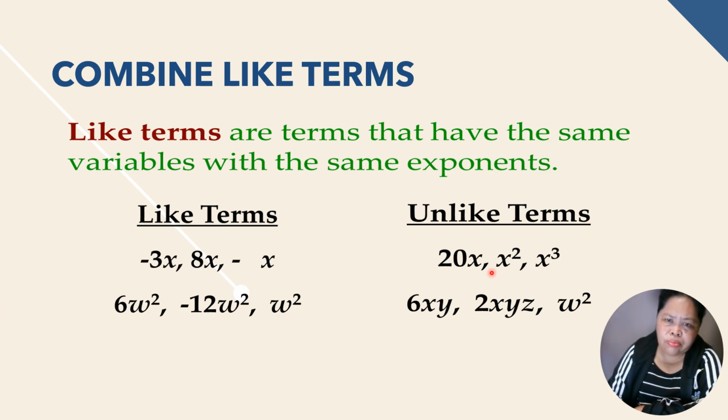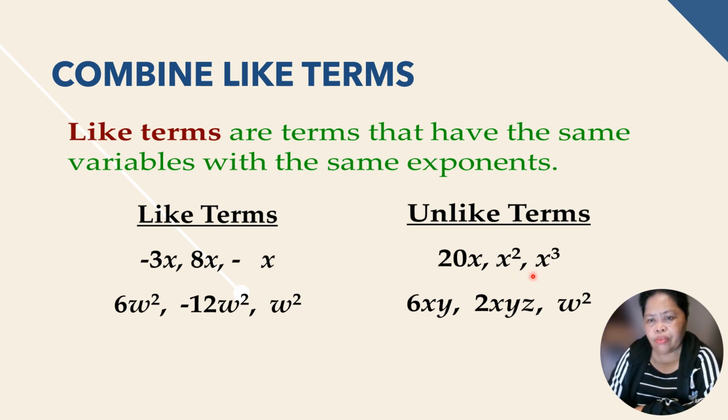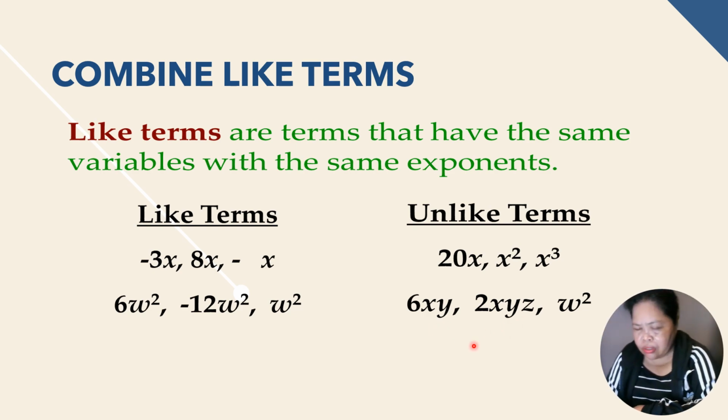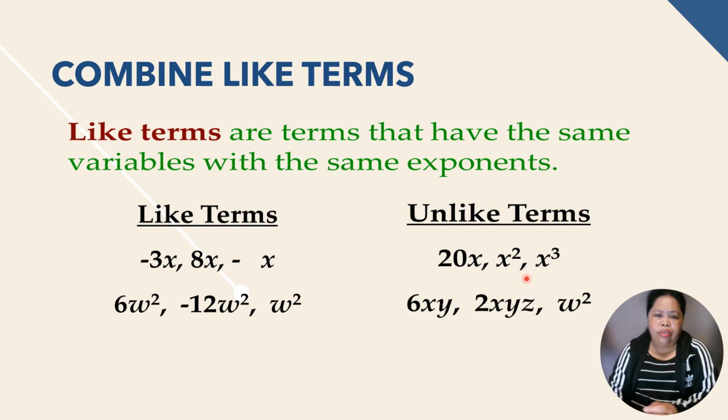For unlike terms, you have 20x, x squared, x cubed, and then we have 6xy, 2xyz, and w squared. These are unlike terms because they have different exponents and different variables.